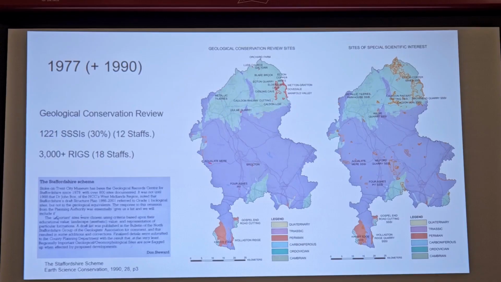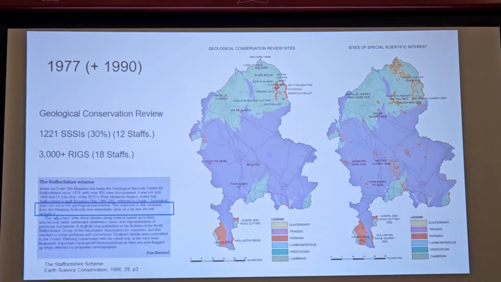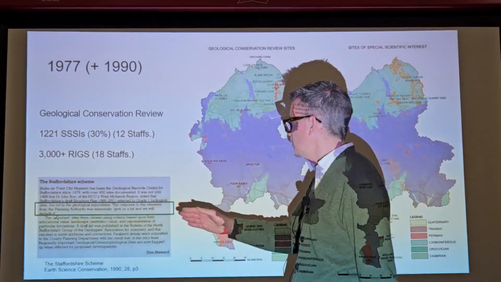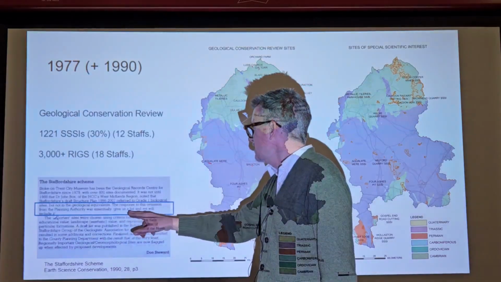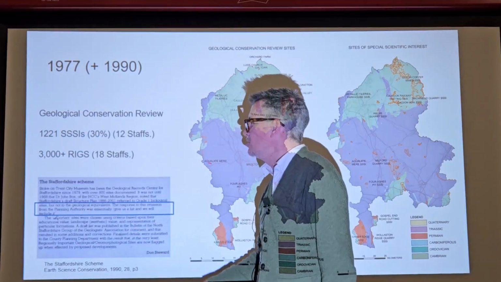They have a local plan, and in the local plan, what you don't have, you discover, is geological sites recognised. So you write to them, and when they wrote to them, the response to this submission from the planning authority was essentially, give us a list and we'll include it.